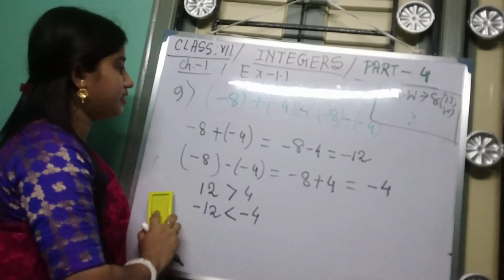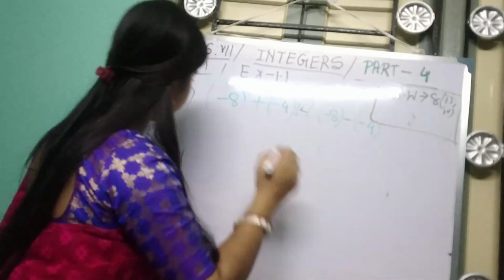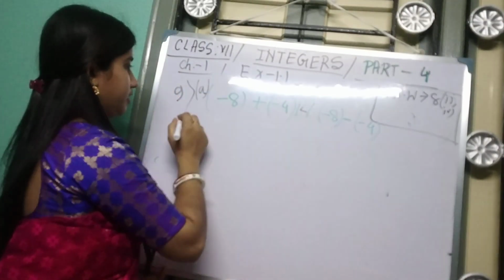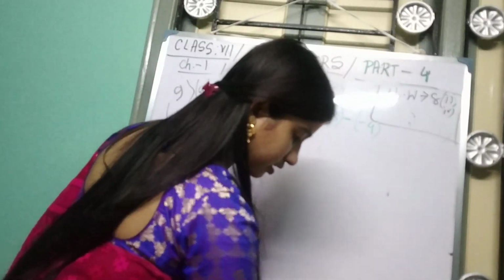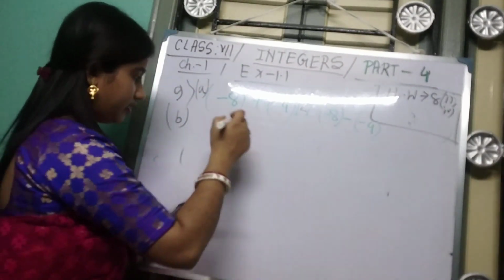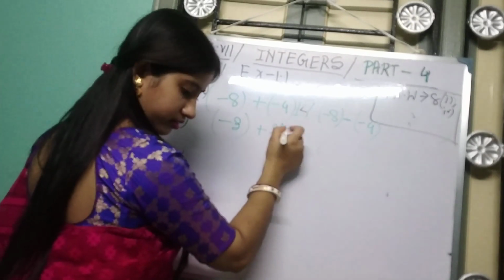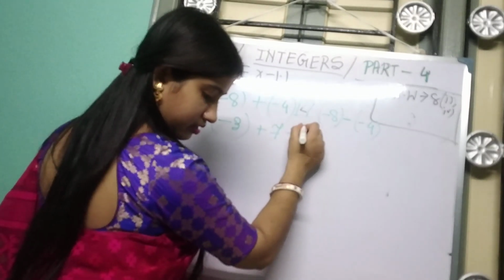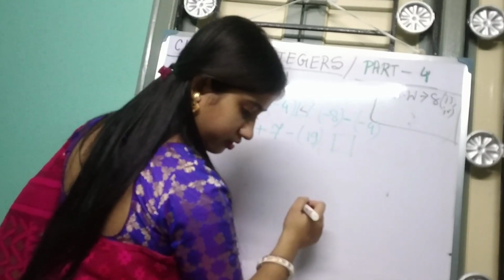Now in a similar way we try the next one. This is number a. Next, number b. Number b is given -3 plus 7 minus 19, and a box.